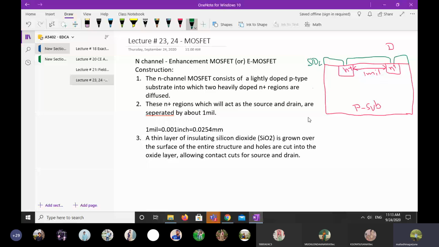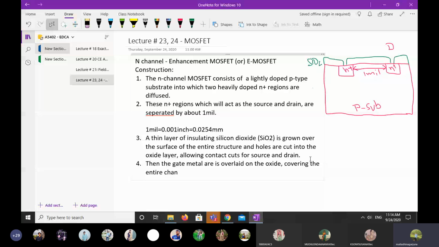Okay, then the gate metal area is overlaid on the oxide, covering the entire channel region.